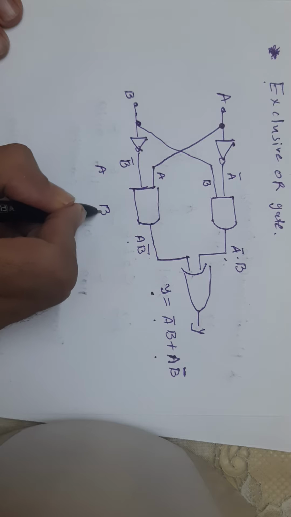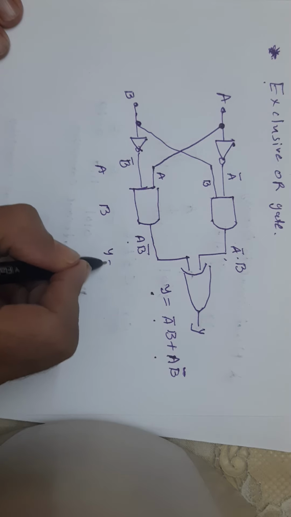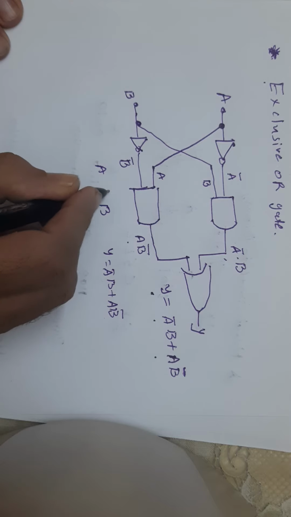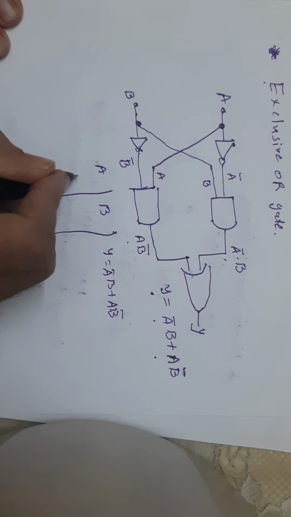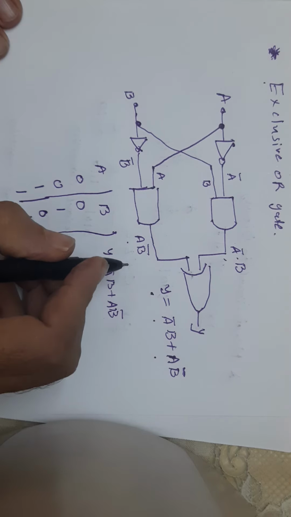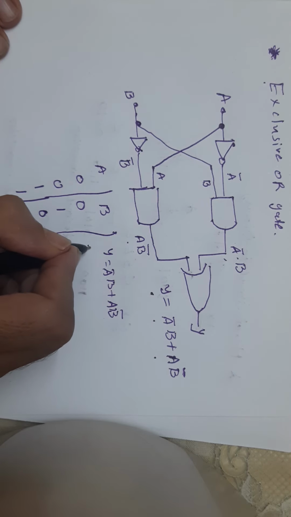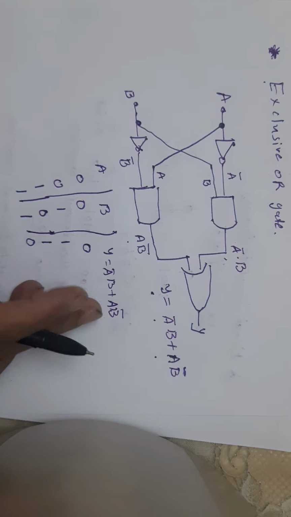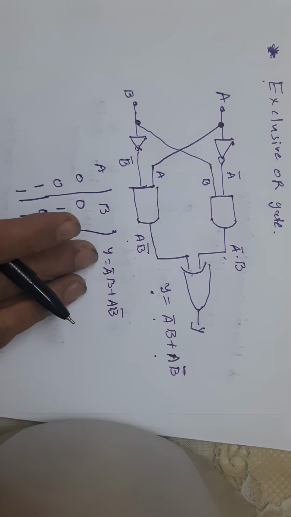A, B, Y is equal to A bar B plus A B bar: 0 0 gives 0, 0 1 gives 1, 1 0 gives 1, 1 1 gives 0. This is the truth table for the exclusive OR gate.